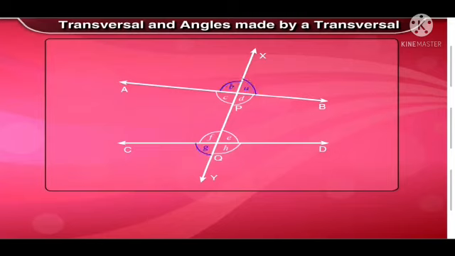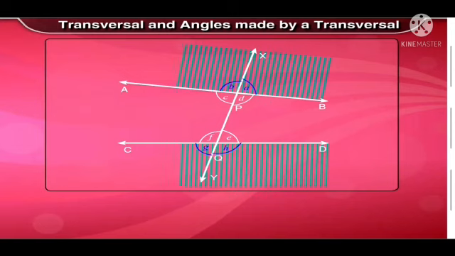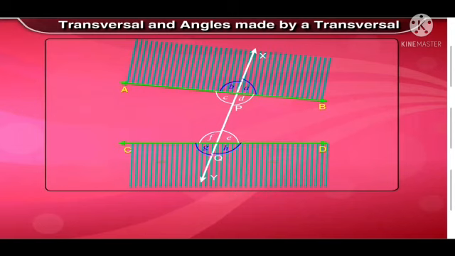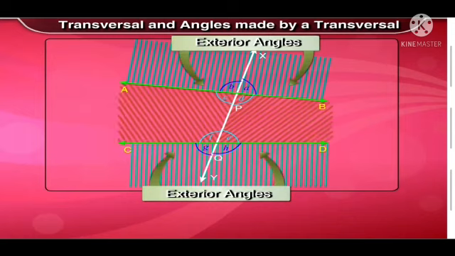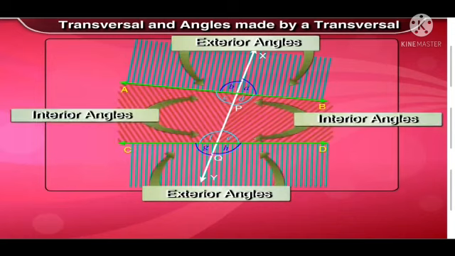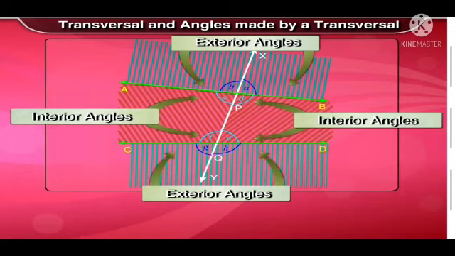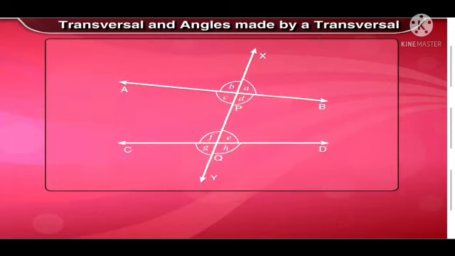Angle A, angle B, angle G, angle H are on the outer side. These angles are called exterior angles. Angle C, angle D, angle E, angle F are on the inner side of the lines AB and CD.